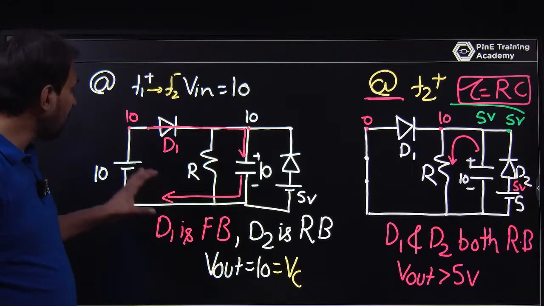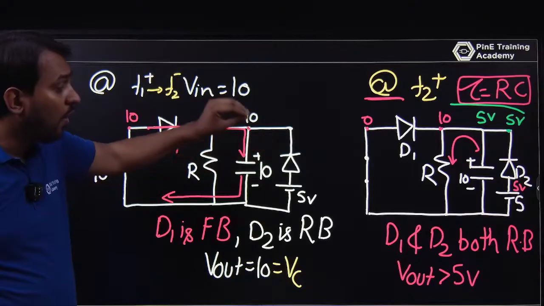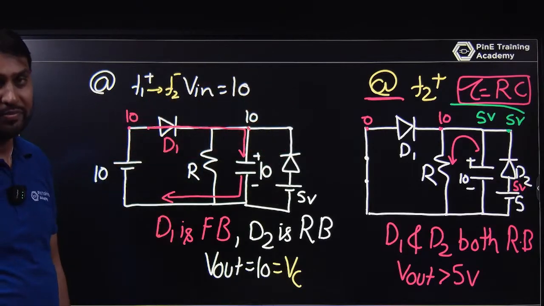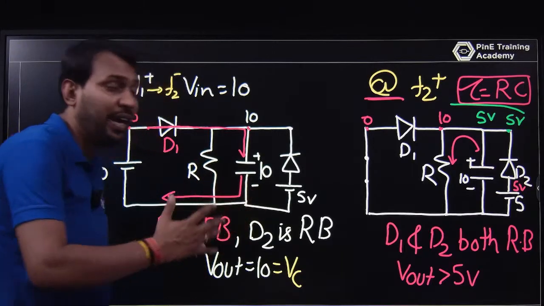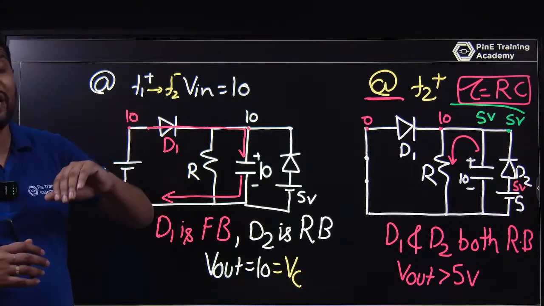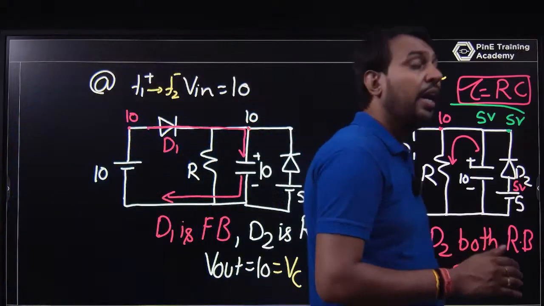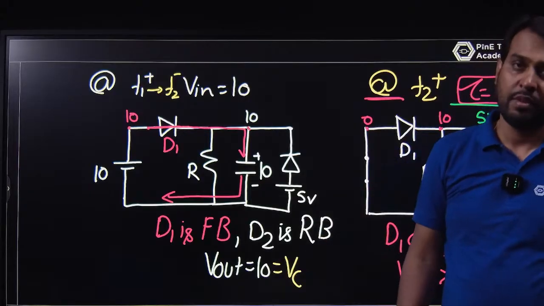So in this question you have two supplies. The second supply fixes that V out is never below 5 volt. You can use this circuit when you require that your capacitor voltage, your V out or VC or any node voltage, does not move below some value.